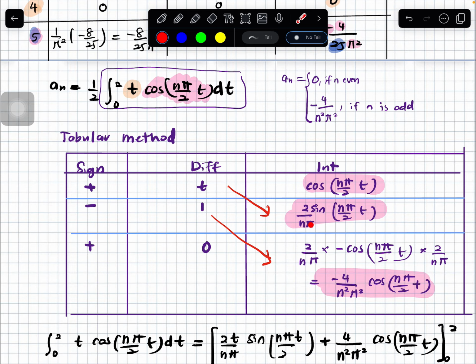So we have to take out pi in the calculation so that we get a nice number, okay? And then if you integrate again, you get this, okay? Now look, we have 1 over pi squared as the coefficient. That is the big reason why in the calculator we have to multiply by pi squared, okay? So back to the tabular method.